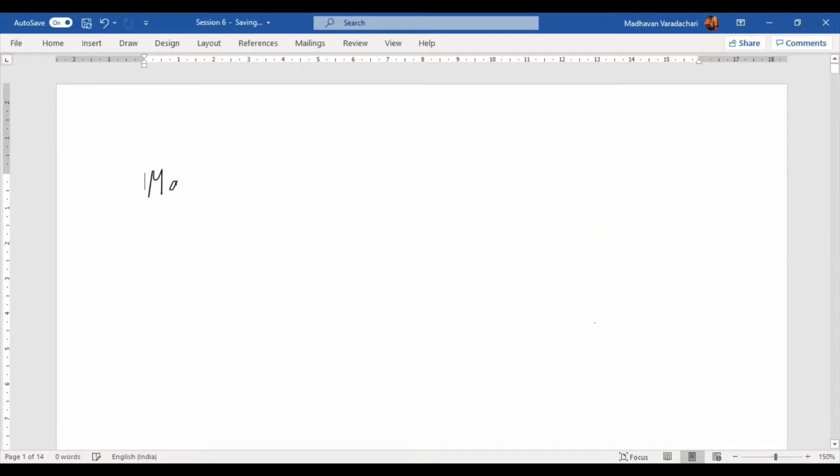Hello everyone. In today's session, we'll start with a new topic called matrix or matrices. What do we mean by a matrix?